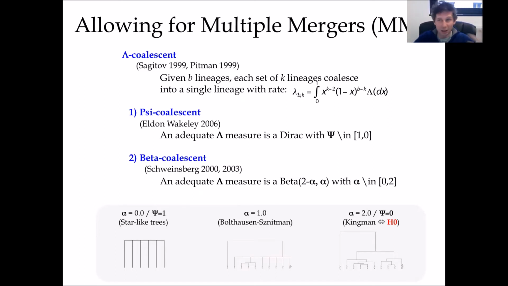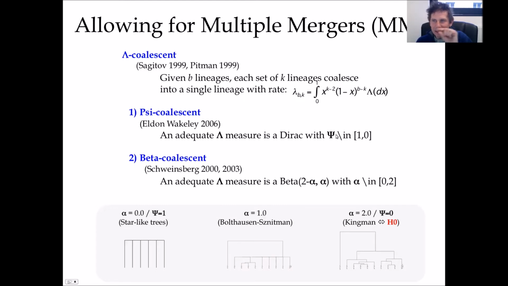So that's the same idea. You inflate the variance of the number of descendants. And the mathematical apparatus is quite different between the psi-coalescent and the beta-coalescent. Both models are interesting because they have a parameter. In the psi-coalescent, the parameter is psi, and in the beta-coalescent, the parameter is entitled alpha.